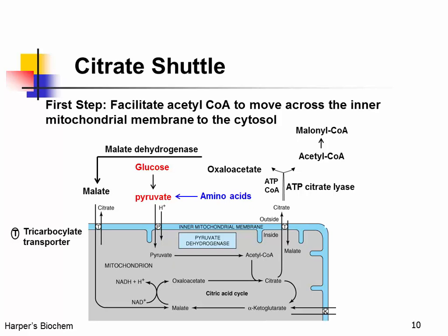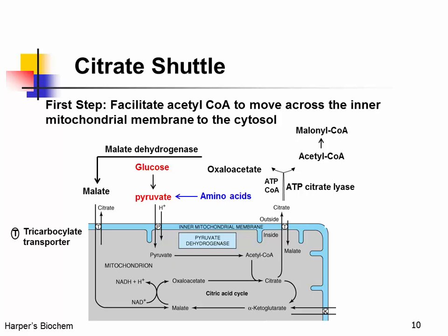So here is the diagram to show you how acetyl-CoA is made in the mitochondria, right? This is the mitochondria. This is part of the cytosol. So pyruvate can be generated from glucose oxidation as well as amino acid oxidation, right?